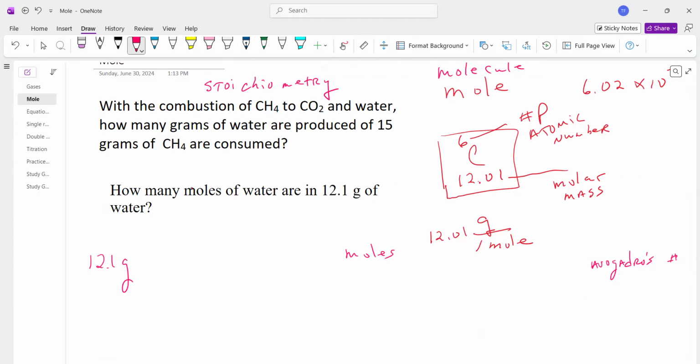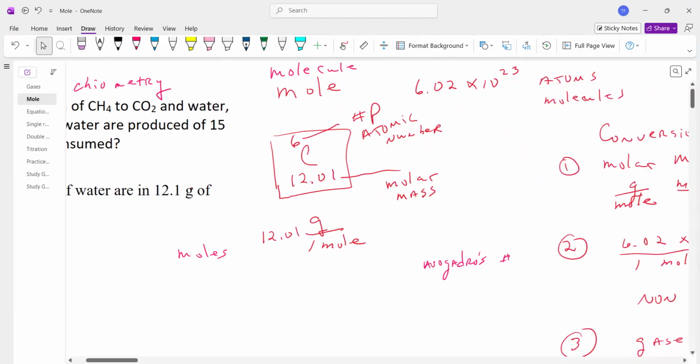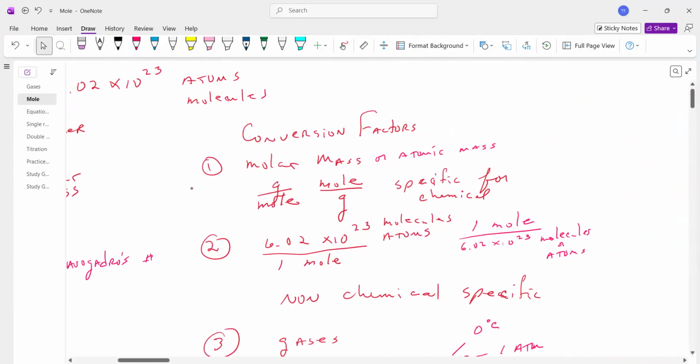We need a conversion factor. Which conversion factor are we going to use? Is there a conversion factor that has grams and moles in it? Yes. That's the molar mass. So we're going to use the molar mass, which has grams and moles in it.